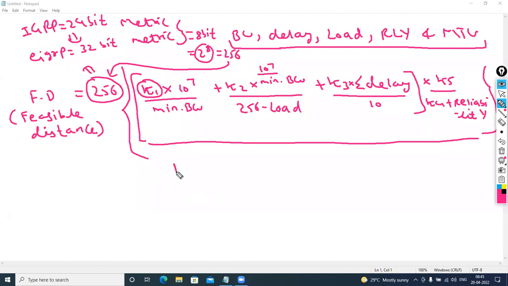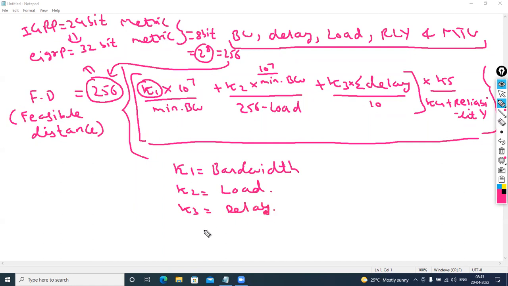So K1 is bandwidth. K2 is load. K3 is delay. K4 is reliability.